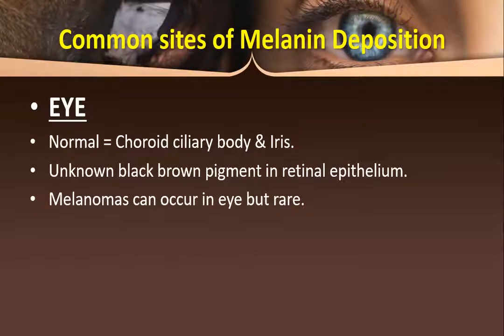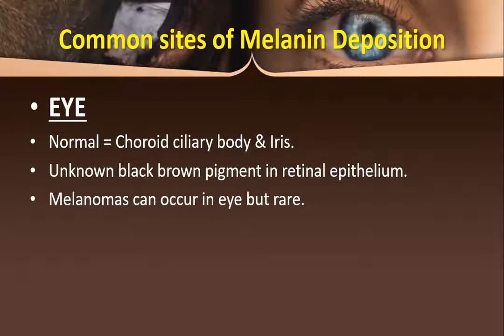If we talk about deposition in the eye, then normally in the eye, melanin is present in the choroid, ciliary body, and iris.